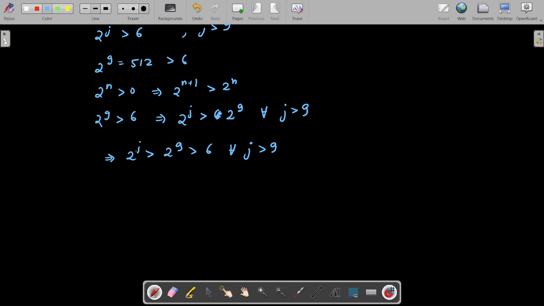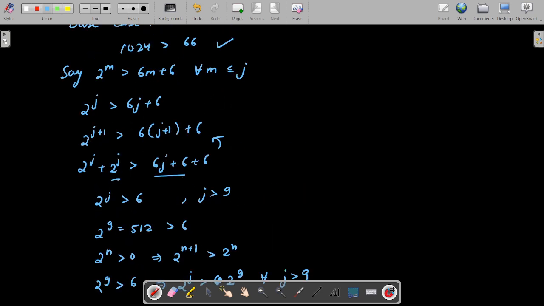So we proved that 2 to the power j is greater than 6 for all j greater than 9.